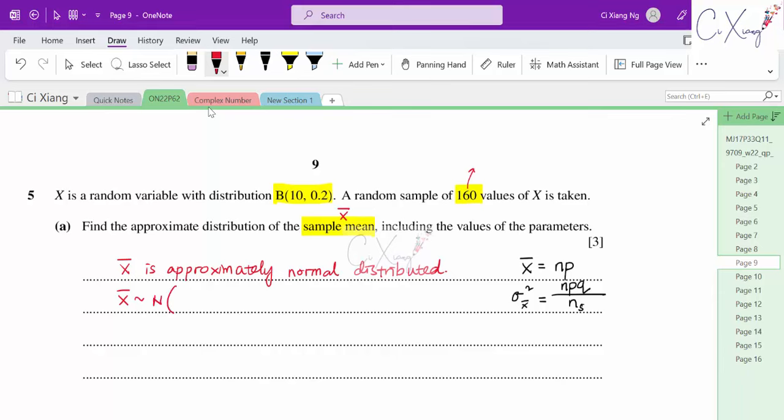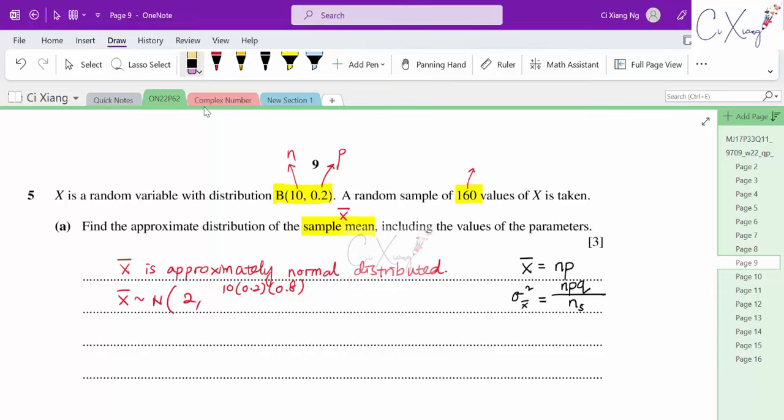For the sampling distribution, the mean value of the mean should be n times p, where n is 10 and p is 0.2. If you take n times p, you will get 2. And then for the variance, you should take npq, where it is 10 multiplied by 0.2 multiplied by 0.8, q is 0.8, and divided by the sample size.